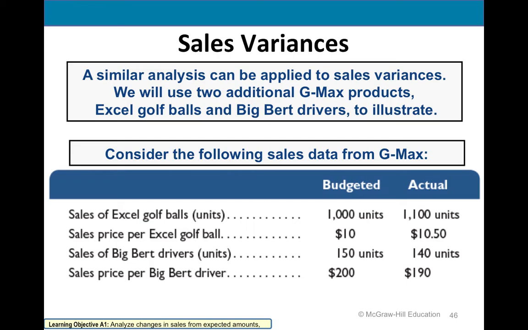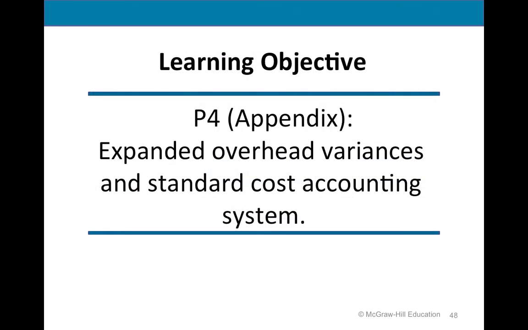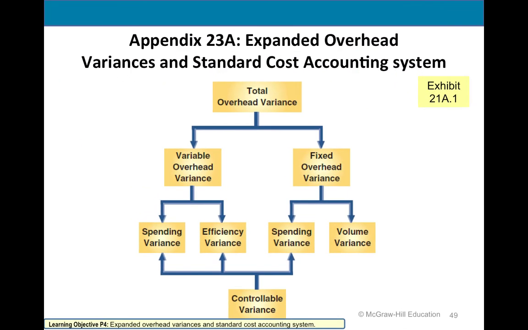What was our budget compared to our actual? Again, compare everything. All we're doing again is comparing actual results to flexible budget, to fixed budget. Any variances in here, a little bit different here. Look at overall everything.